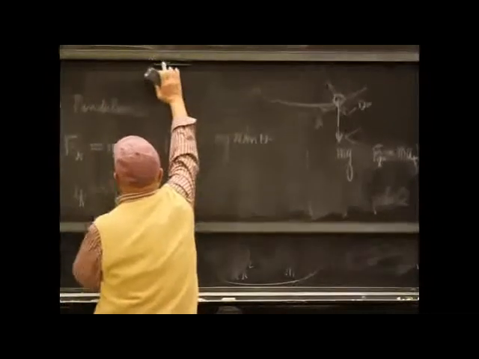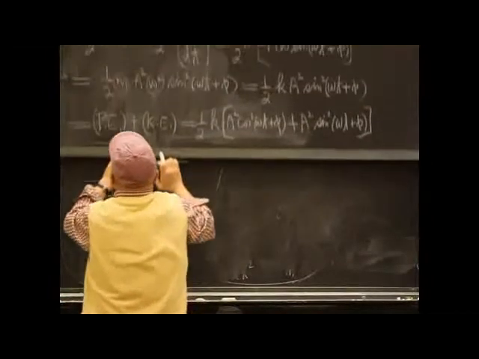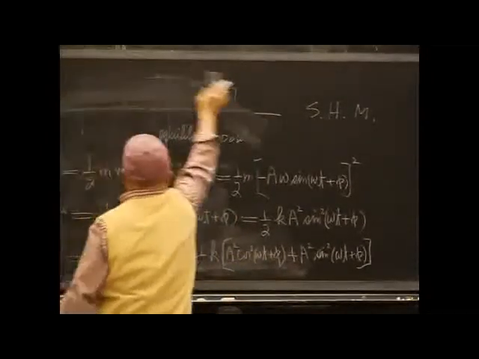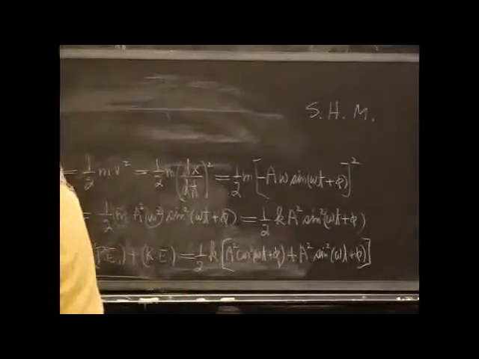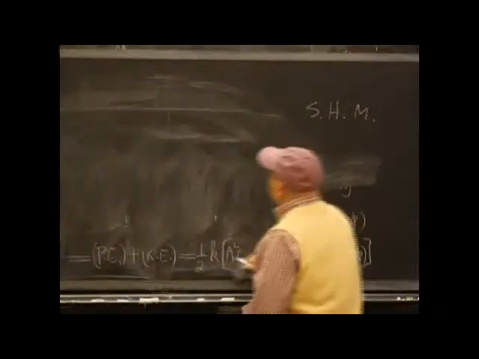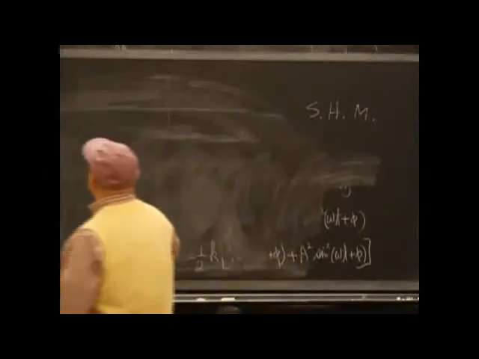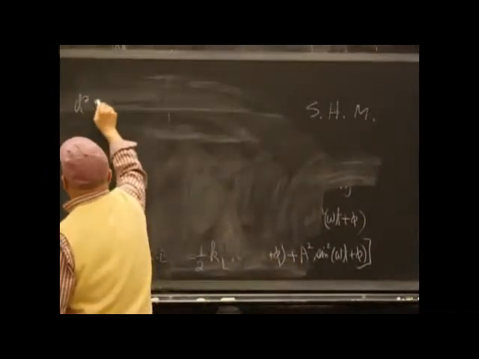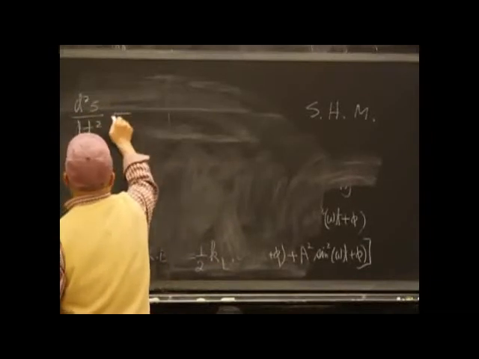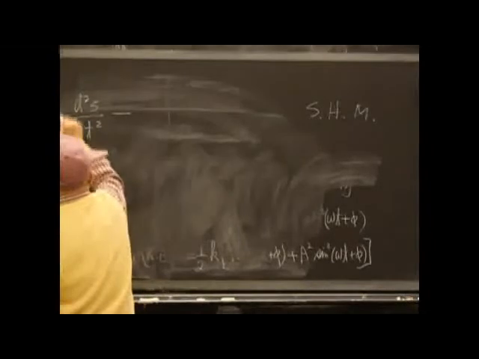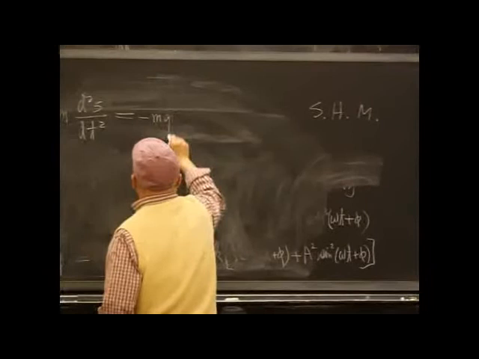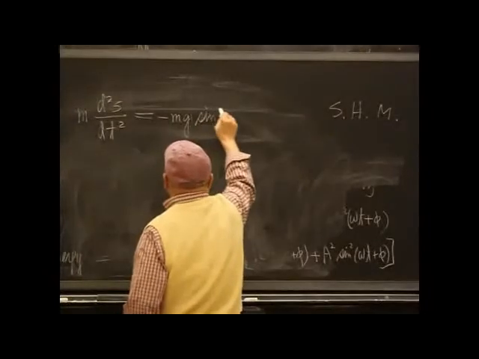So we substitute the information on both sides, and we have m d2s dt2 equal to minus mg times sine theta.